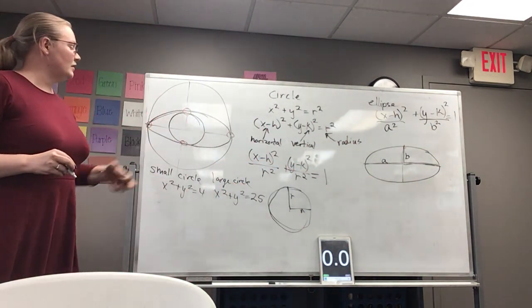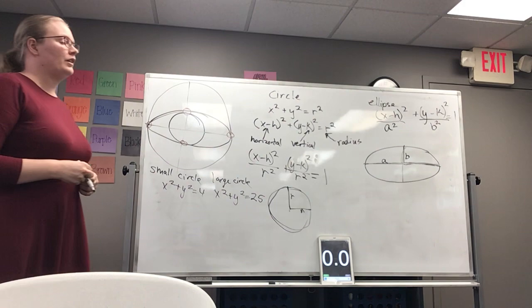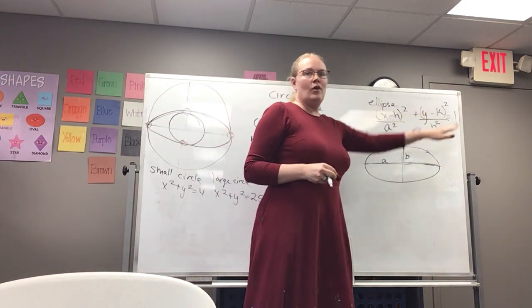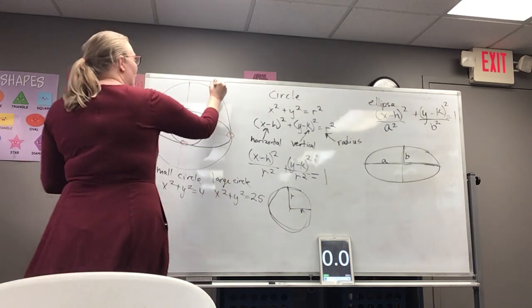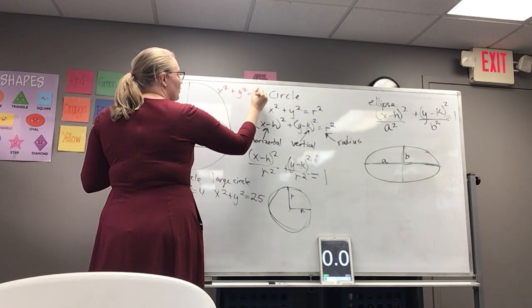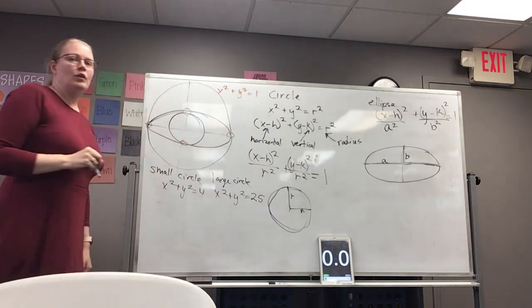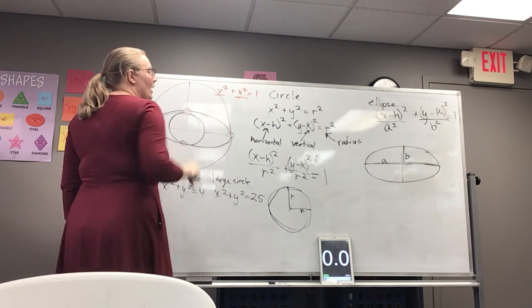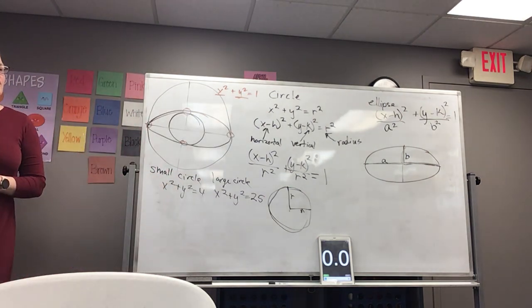So, because it's centered at the origin, anytime you've got something centered at the origin, you don't have to worry about horizontal or vertical shift, and so all we have is x squared plus y squared. It's always equal to 1 with an ellipse. And so all we need is to divide by our horizontal and vertical wobble.